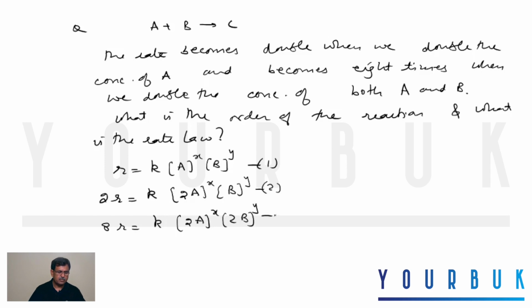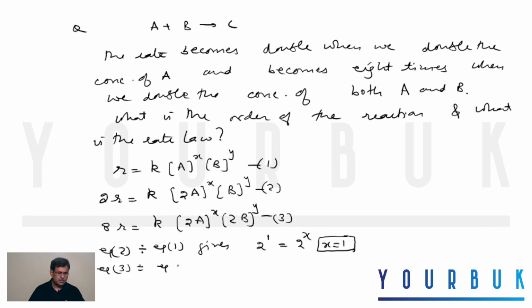Now our aim is to find first X and Y. So we divide equation 2 by equation 1, which gives 2 raised to power 1 equals 2 raised to power X, so X is equal to 1. So the order with respect to A is 1. Then we divide equation 3 by equation 2.